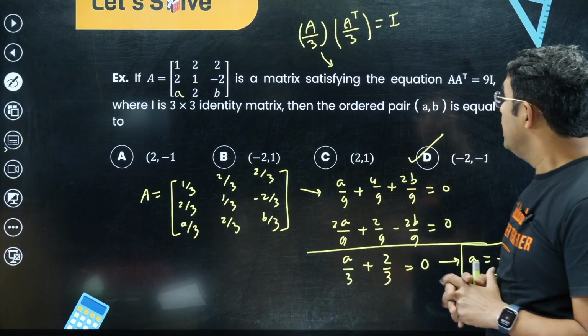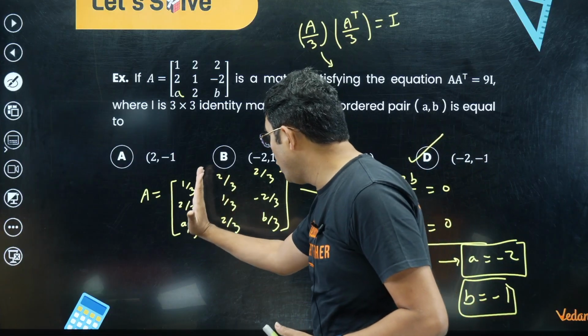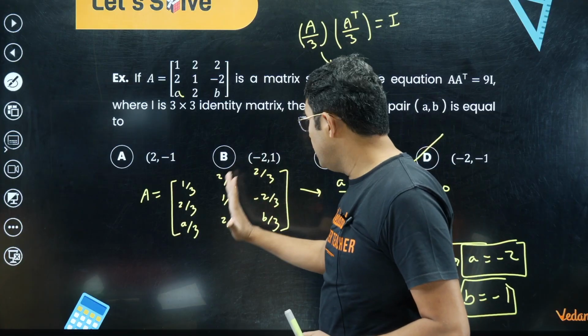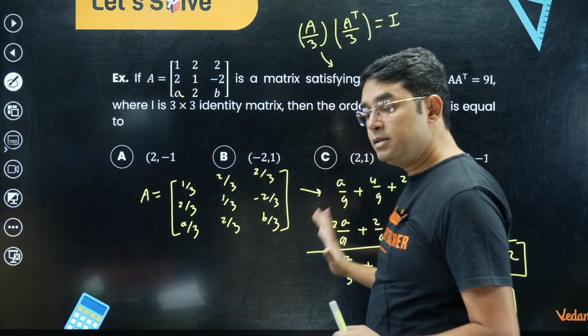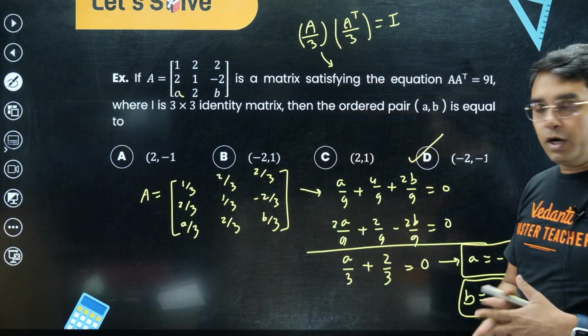That is one way. In the other method, you can do the same thing in columns also. You take the dot of the first column with the second column, and the dot of the second column with the third column. That will also give you the values of a and b. So both ways you can do it.